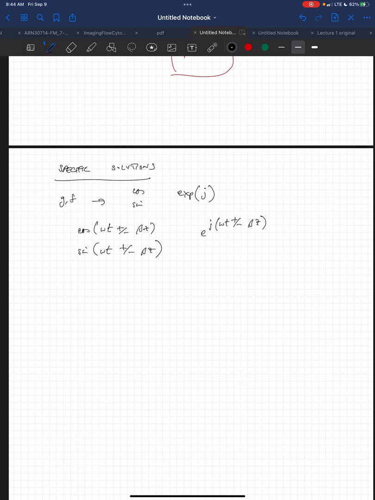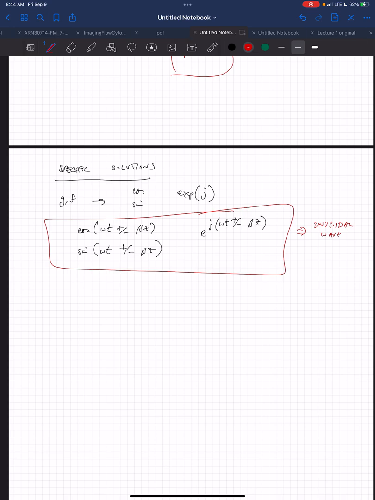Okay. You guys with me? So this is a sinusoidal wave. So these look like sinusoidal waves. Why sinusoidal? Well, again, cosine, sine, sinusoidal. And this is a combination of the two. And they're waves because they have this form of t plus minus something z. So it's a wave. Okay, so we're going to look at these kind of things.